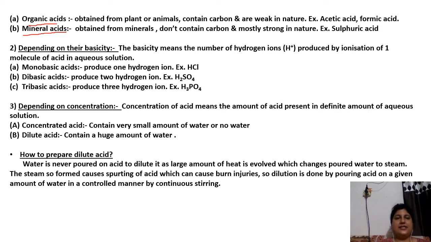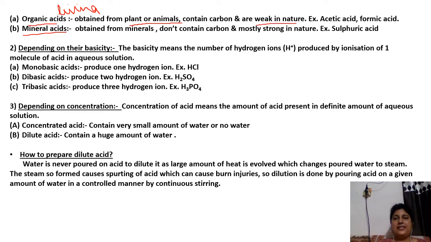Organic acids are the acids which are obtained from living beings. Living beings means plants, animals and microorganisms. ठीक है, तो acids which are obtained from plants and animals, those are known as organic acids. These acids are generally weak in nature.